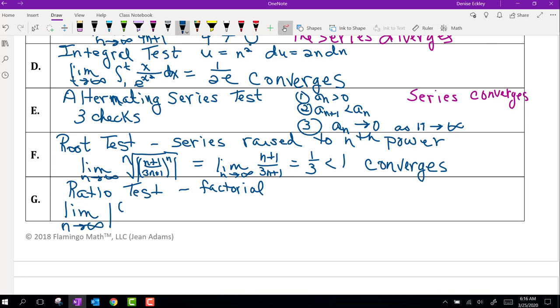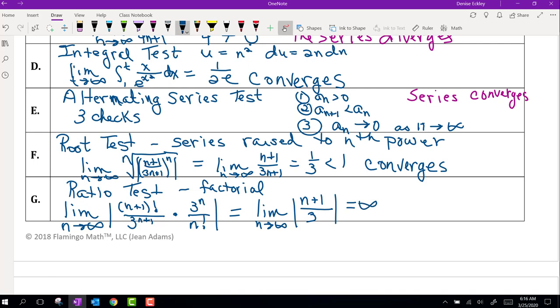So we have n plus 1 factorial over 3 to the n plus 1, and that's going to be multiplied times the reciprocal of a sub n, and that's going to give me the limit as n approaches infinity of n plus 1 over 3, and I can see that that's going to infinity, so this series diverges.